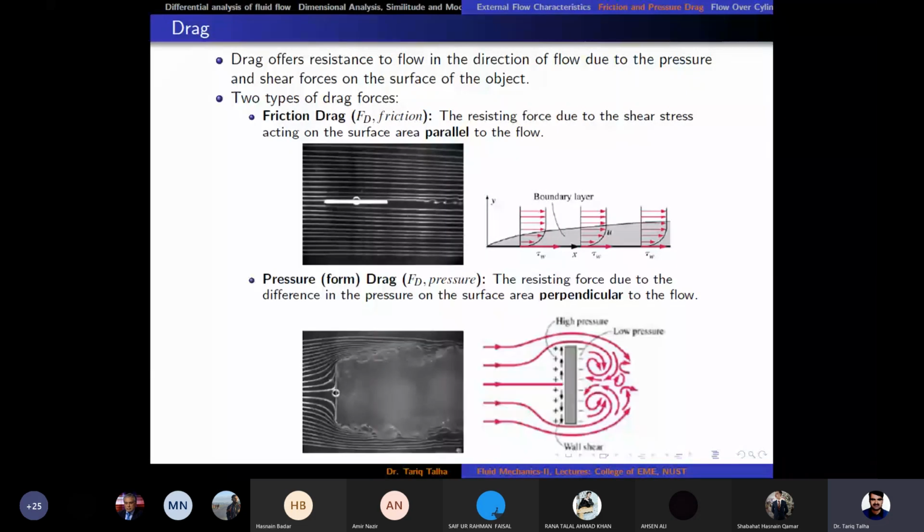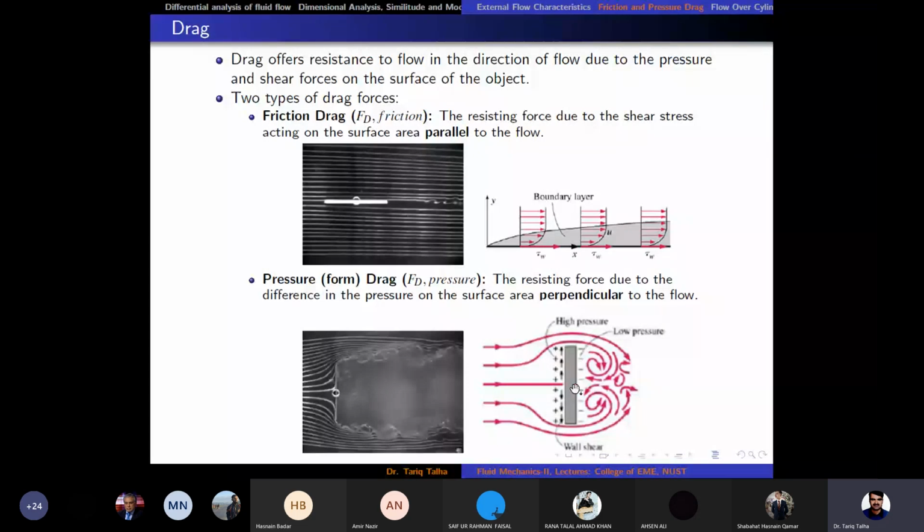Like here, this is a fully blunt body, a flat plate which is perpendicular to the flow direction. What happens is that the flow comes here, and because it is a blunt body, the streamline divergence would be very significant, and due to that effect there would be a wake region or flow separation region at the back side, a low pressure region. So on the front side we have got stagnation points, a high pressure region, and a low pressure region due to flow separation.